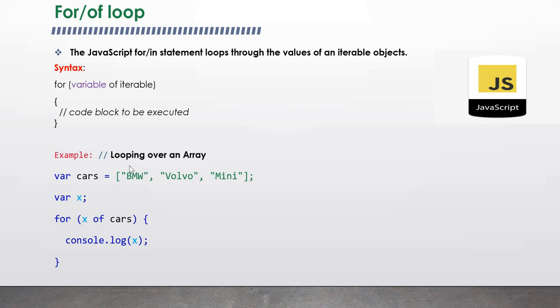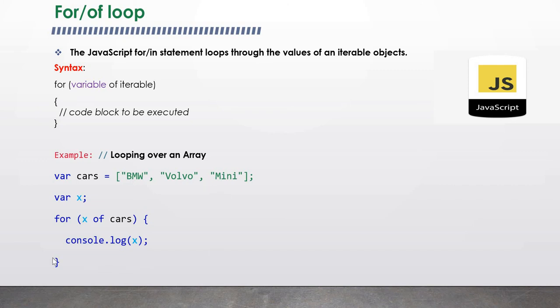Yes, you have index number 0, 1, 2. As soon as it finds the index, it will have the value of that index. So index 0 has the value BMW, so BMW will be assigned to x. If you just console.log x, it will print BMW.